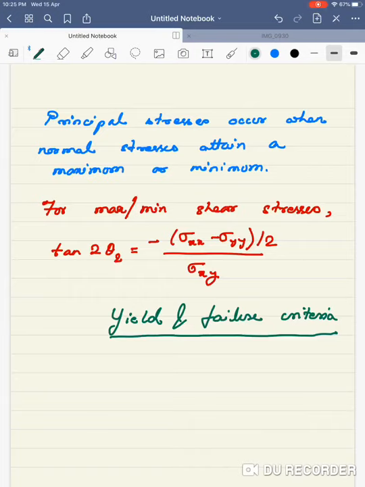But despite all that, we still have the predominance of metals when it comes to building bridges, for example. We still have the predominance of concrete when it comes to building houses. So understanding the older theories for the classical materials makes sense.